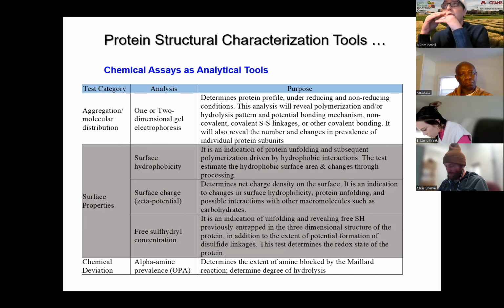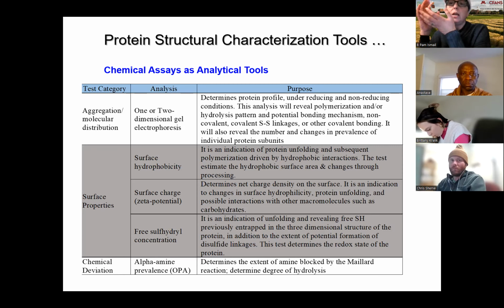So if you heat for a longer time at a particular temperature above the denaturation point, you will gradually unfold the protein until you reach a maximum point.